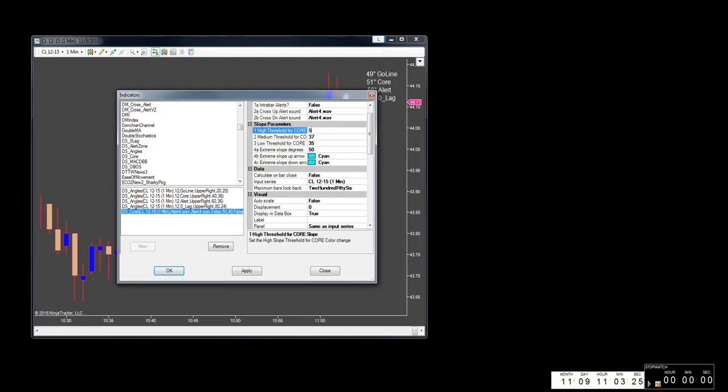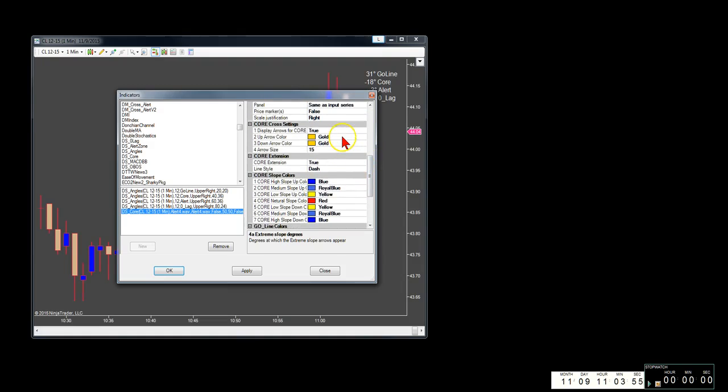And it's a 50-degree angle for the highest threshold, 45 for the second, 35 for the same, and the slope is 55 for the ones that are on the candles, and we'll go over that. It'll show you that the candle is over 55 degree. There is a difference.